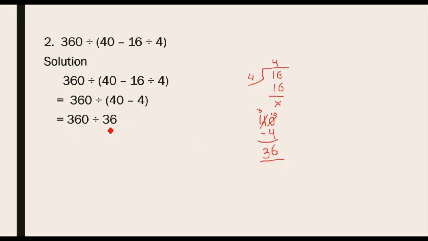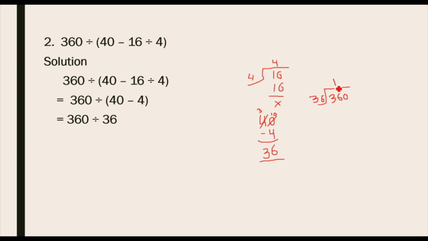Right. Now we have 360 divided by 36. So we have to divide 360 by 36. So we write 36 as a divisor and 360 as a dividend, like this. Now 36, we have two digits in the divisor, so we have to take two digits from the dividend, and we have 36 in the dividend, so we divide 36 by 36.